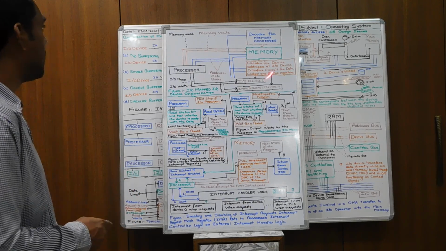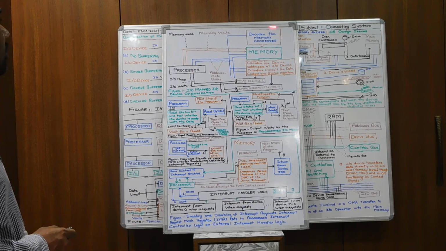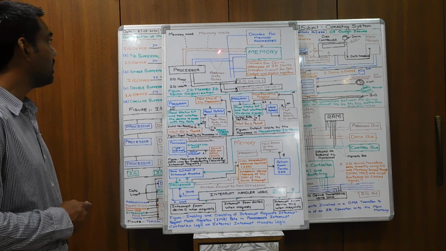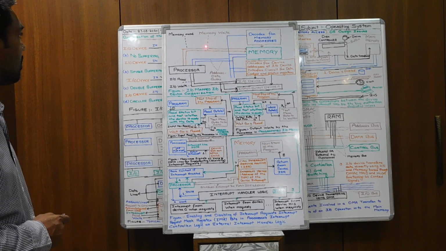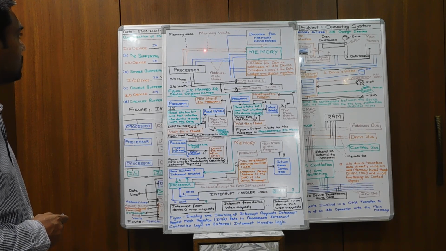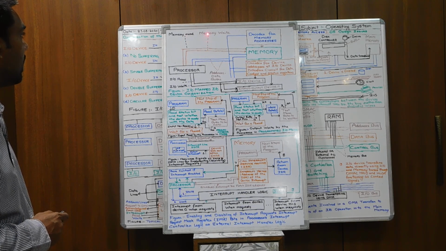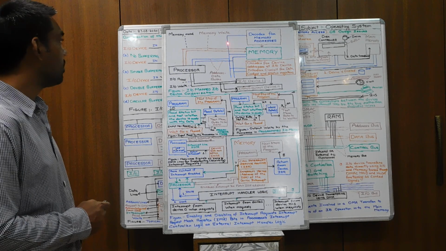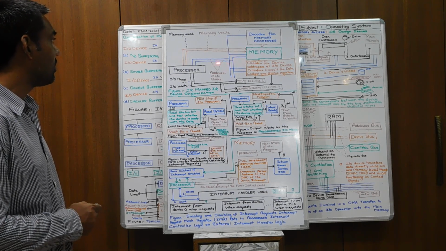Now in this case, a decoder is there for memory addresses, and a decoder is there for the IO device interface circuit, and IO devices are there, so you will see two separate channels. These two lines are for memory read and memory write, and these two lines are for IO read and IO write. The rest is the same.